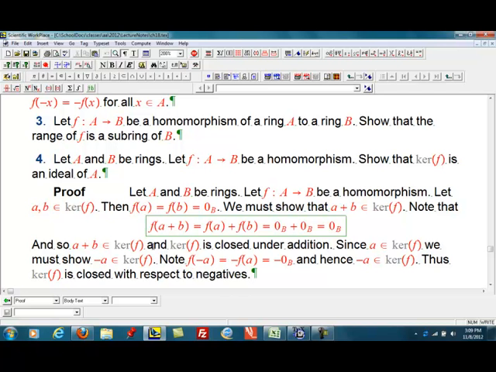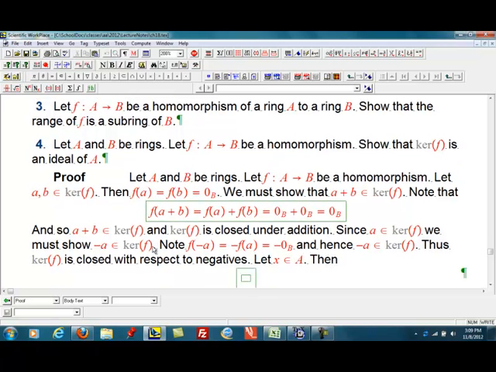Now what's the last thing we have to do? Absorbs products. And it has to absorb products going both directions, left-hand and right-hand multiplication. So let X be any element in A. Now this is where we have to plug in X times A. A is any element in the kernel.